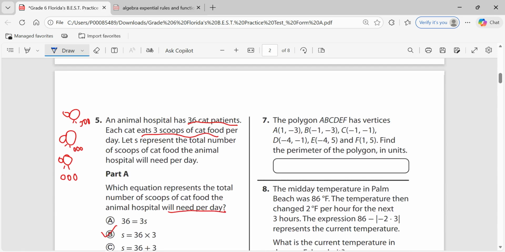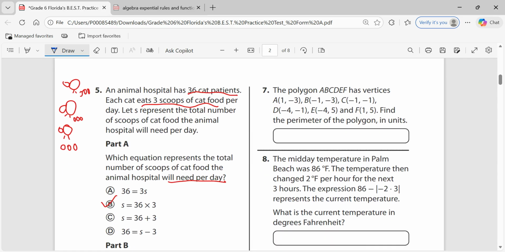All right, so number 7, polygon ABCDF has those vertices. Let's find the perimeter of the polygon. Ooh, this is a big one. You will have graphing paper, so you want to plot those points on the graph.